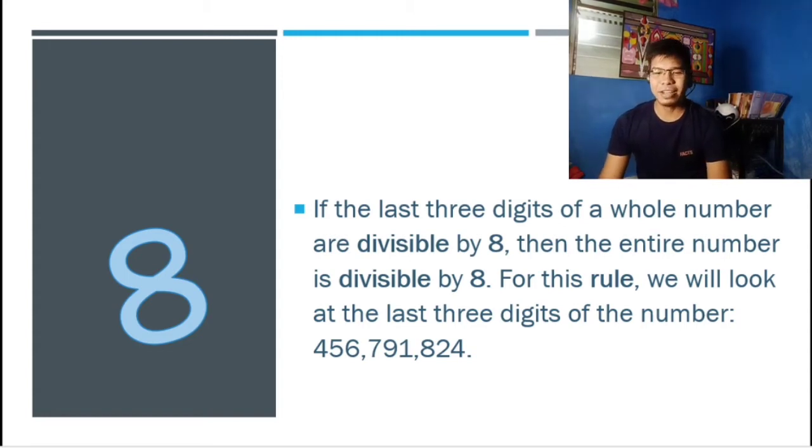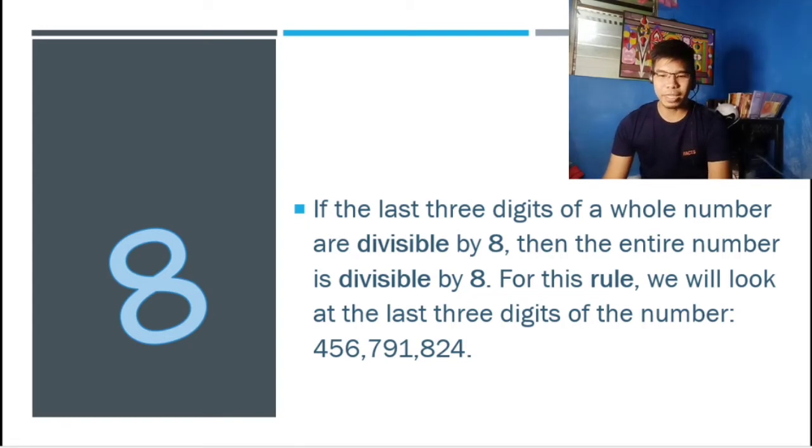So let us try our given 456,791,824. The last three digits of this number are 824. So all we have to do is divide it by 8. If we get an exact number, therefore 824 is divisible by 8 as well as the entire number.